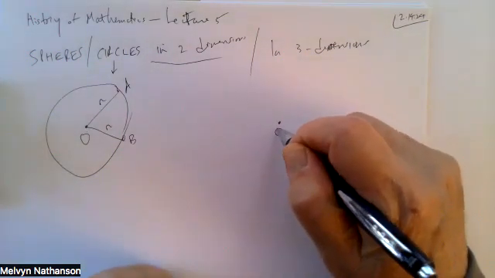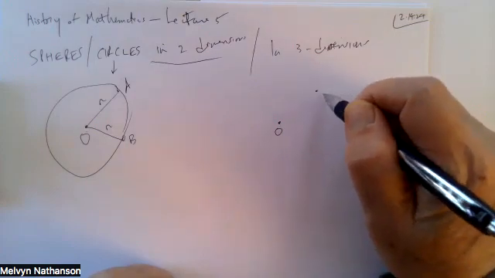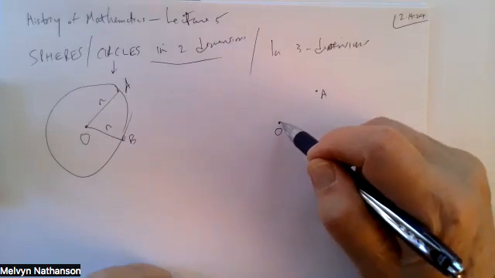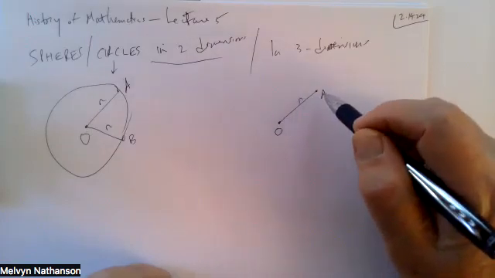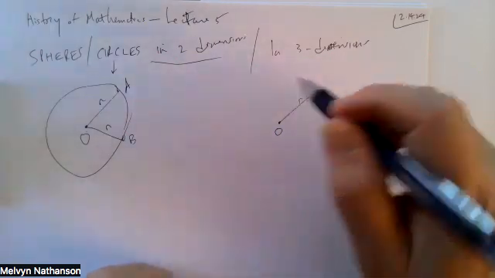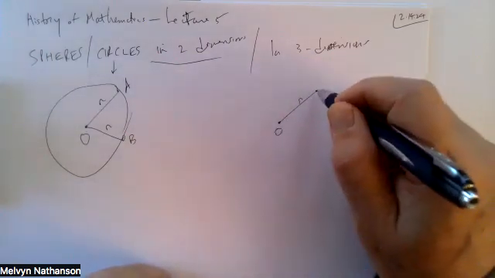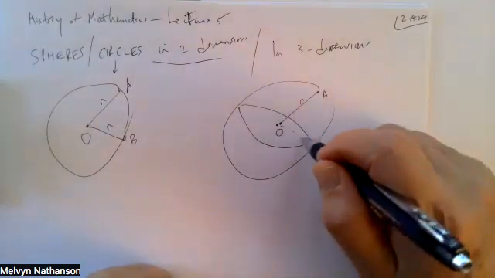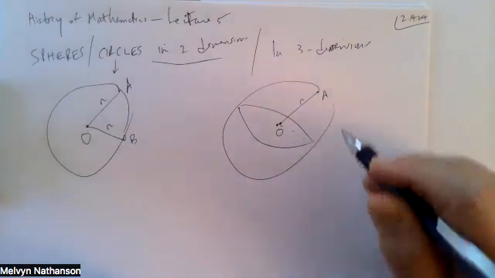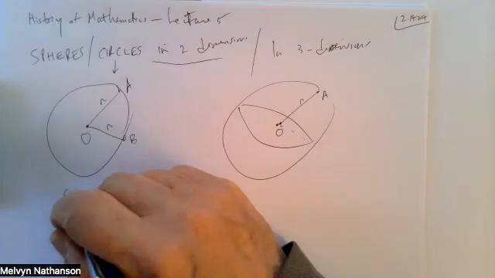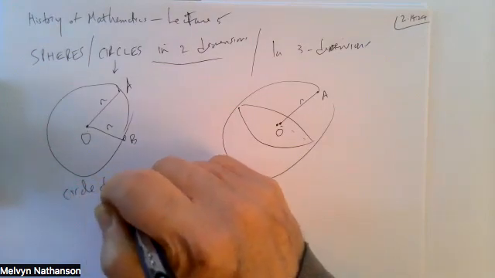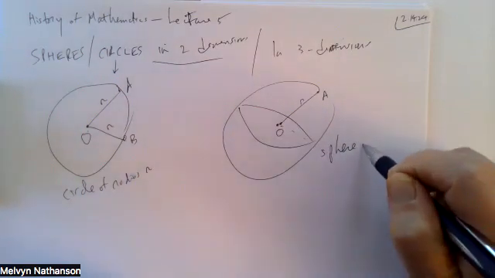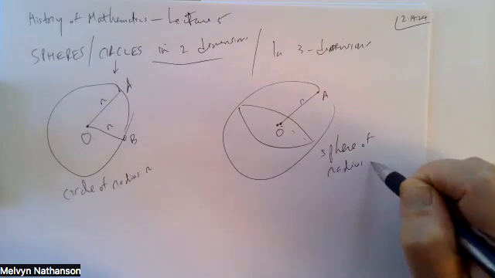You take a point and you take a second point, and the sphere, and let's say the distance from O to A is R. So the sphere is everything in 3-dimensional space whose distance from the center is R. It's hard to draw 3-dimensional objects, but that's what a sphere is. So here we have a circle of radius R, and here we have the sphere of radius R.